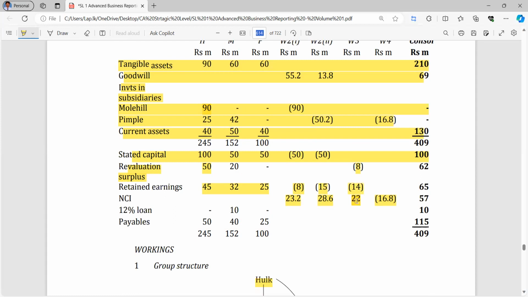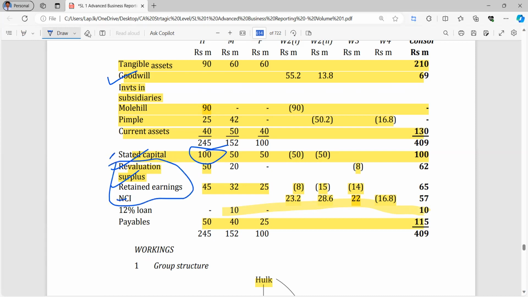The net balance is 22 here, right? The loan is just line by line addition, and payable also just line by line addition, and you can go. The crucial ones are here, goodwill, and the stated capital. No need to bother. You are recognizing only the parent portion here, and the revaluation surplus and the retained earnings and NCI. Those are the most crucial things.